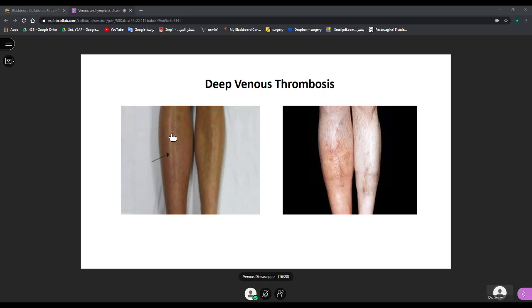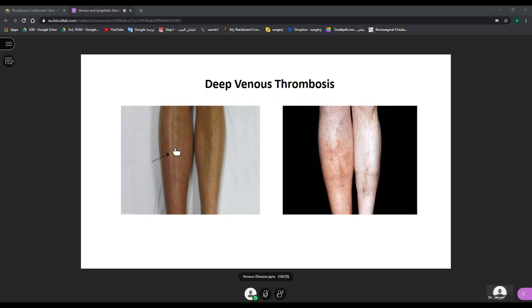Here, those are two patients who have got venous congestion, or venous swelling. You see the legs are swollen in comparison to the normal side in both pictures. Here you can see some whitish color, I don't know whether you can see that or not, and you can say that this is some degree of phlegmasia alba dolens.